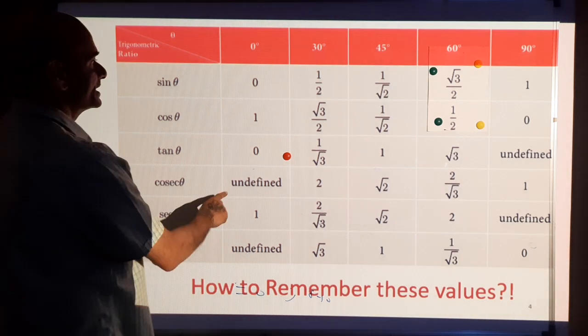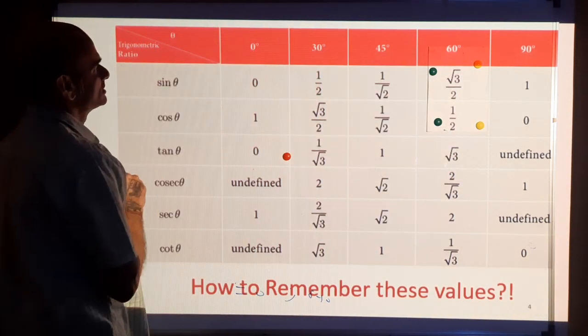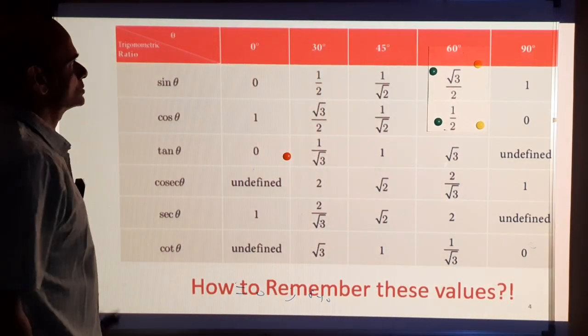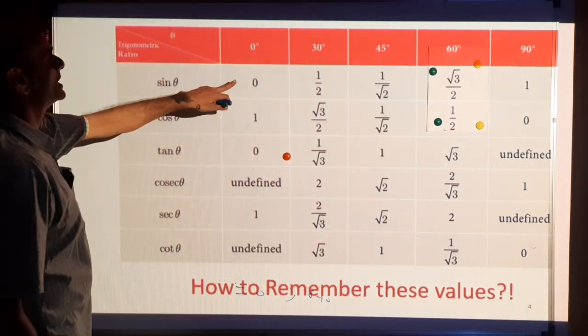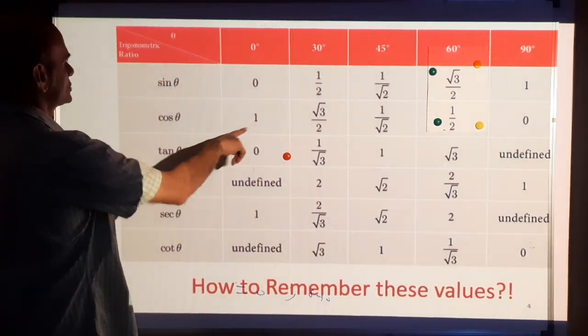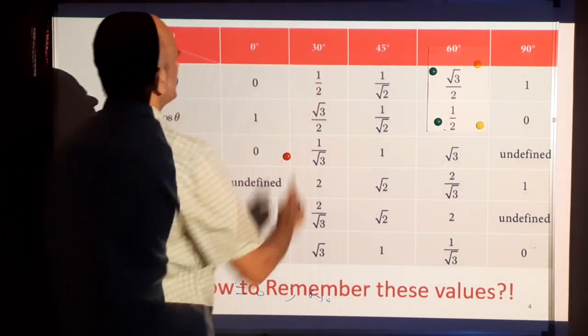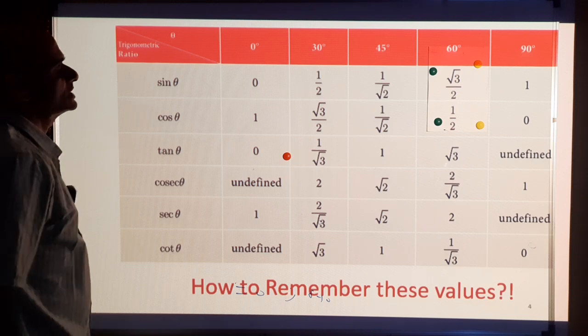So I just consider the limiting triangle which is made of 0, 90. Instead of 0, I figure out what is delta and then 90 minus delta, and then push delta to 0. So delta will become 0 and 90 minus delta will become 90. So sine 0 is 0, cos 0 is 1, tan 0 is 0. And for sine 30, I have to use the 30, 60, 90 triangle, and the length ratios are 1 is to root 3 is to 2.